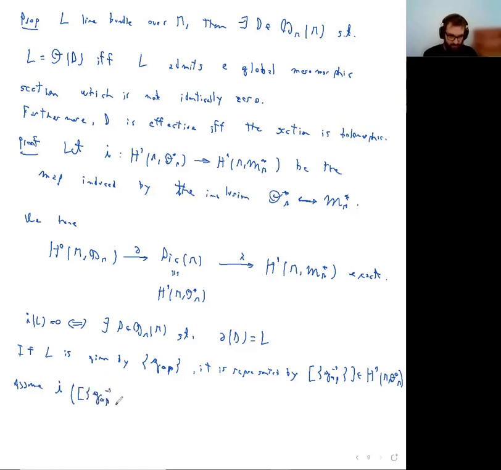So let's assume that this is 0. Being 0 here simply means that this is a kernel modulo image, so you're in the image.